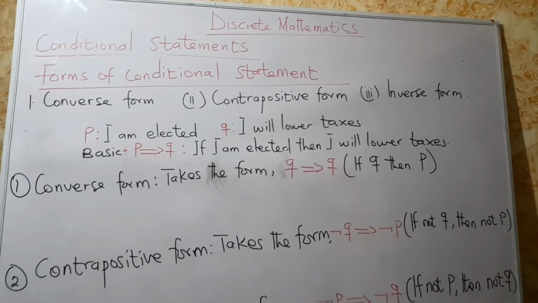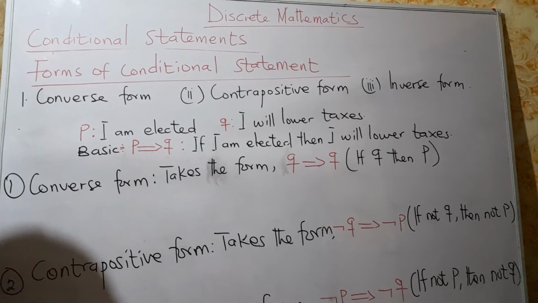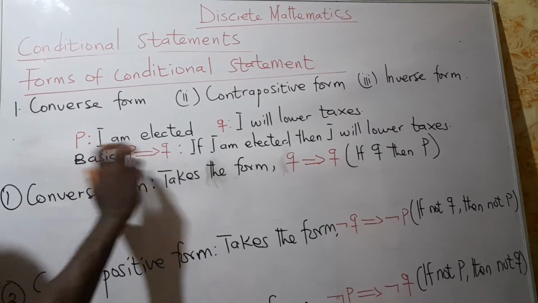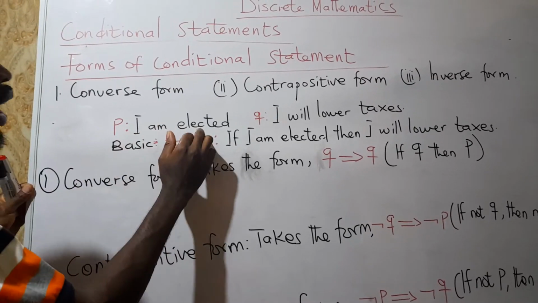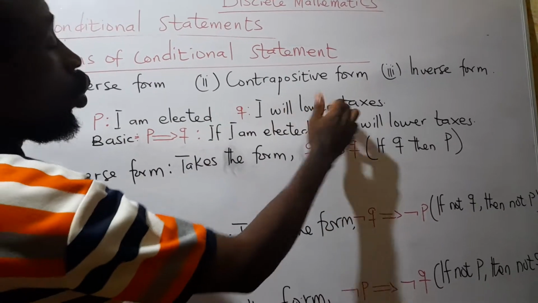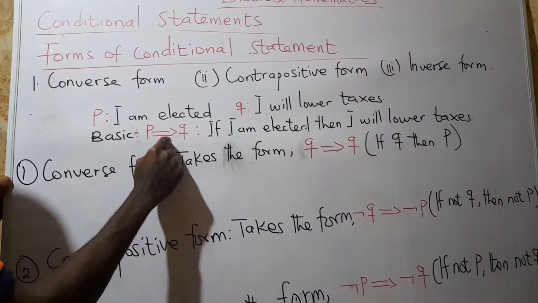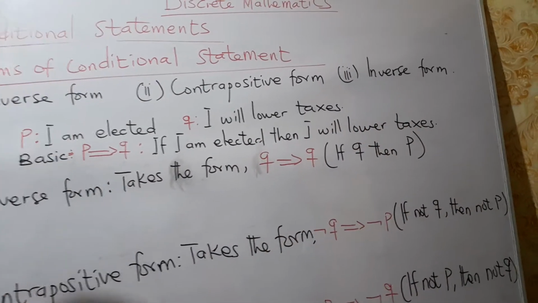So remember, there are three forms: inverse form, contrapositive, and the converse form. So let's look at the basic. We said that P is I am elected and Q is I will lower taxes. And we said the basic conditional statement means that if I am elected, then I will lower taxes.